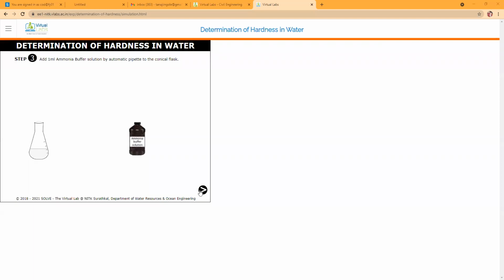Next part. Add 3 to 4 drops of Eriochrome Black T to the conical flask. Addition of 3 to 4 drops of Eriochrome Black T in a conical flask.